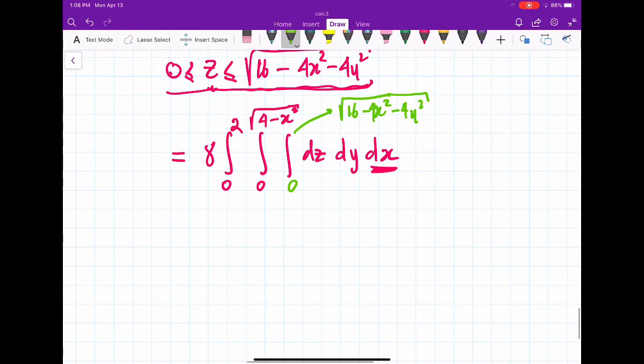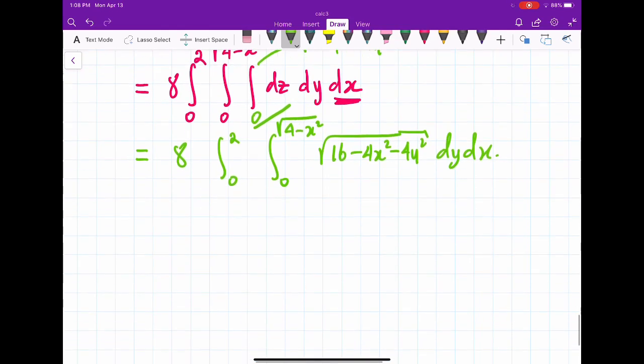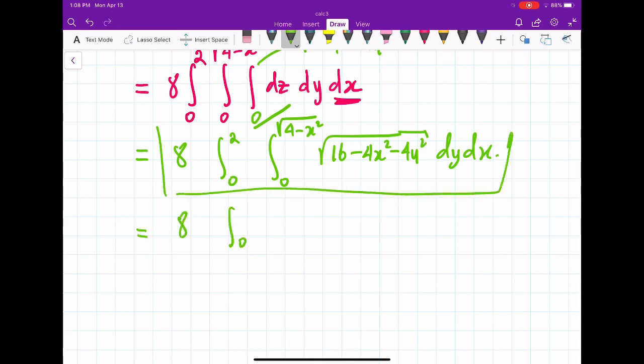Okay? So we have to integrate with respect to z first. That is 8 integral from 0 to 2, from 0 to the square root of 4 minus x squared, and here I have the square root of 16 minus 4x squared minus 4y squared dy dx. Look at this. This integral is nothing but 8 times, right, 0 to 2, 0 to the square root of 4 minus x squared, f of x and y, dy dx.